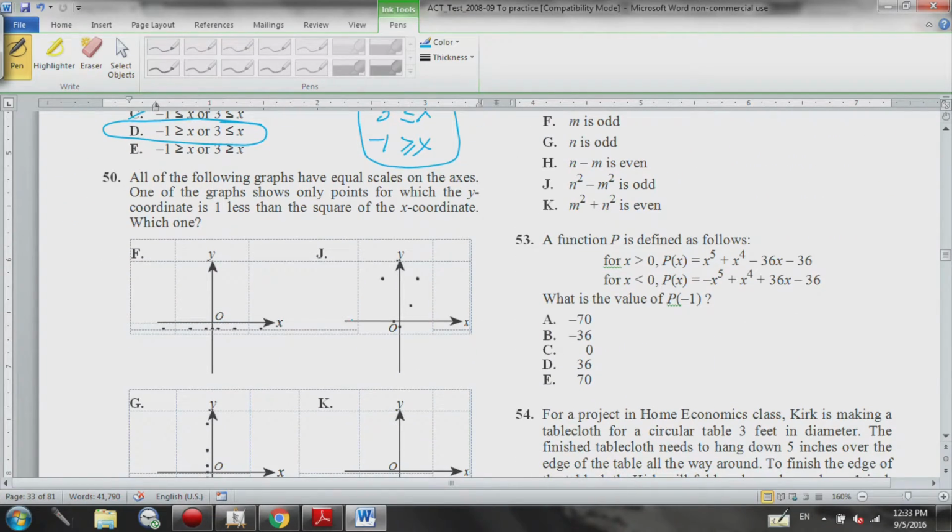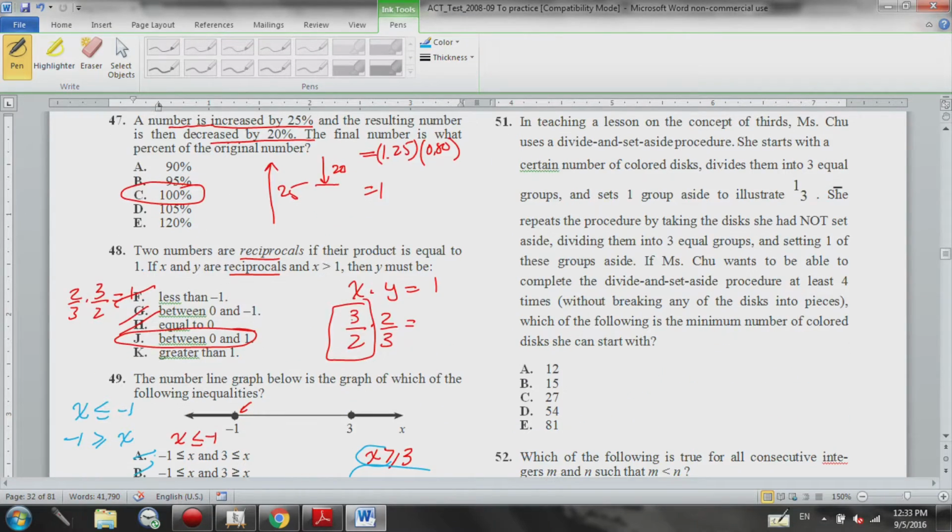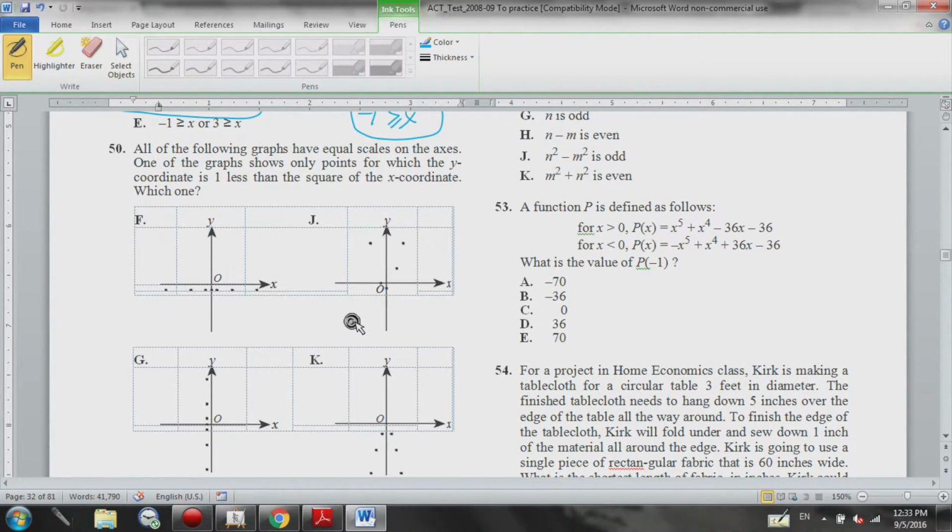Question number 50. All of the following graphs have equal scales on the axes. One of the graphs shows only points for which the y coordinate is 1 less than the square of the x coordinate.